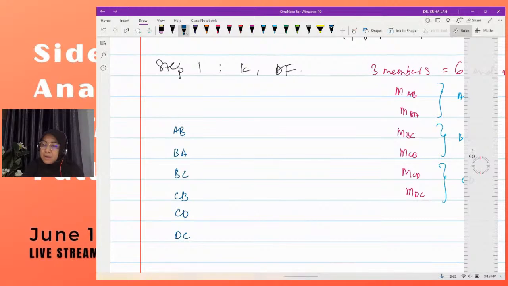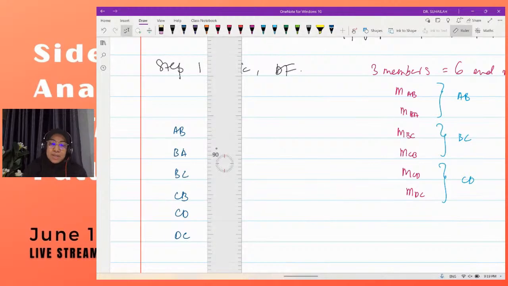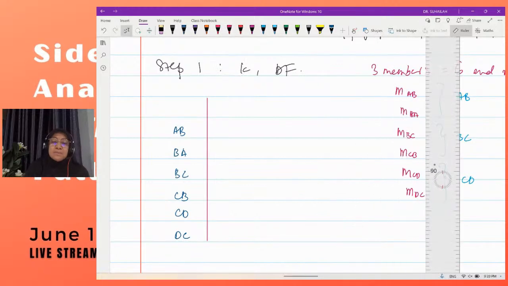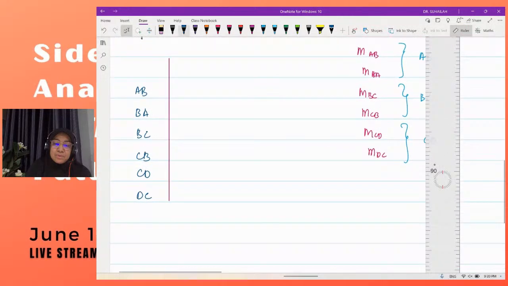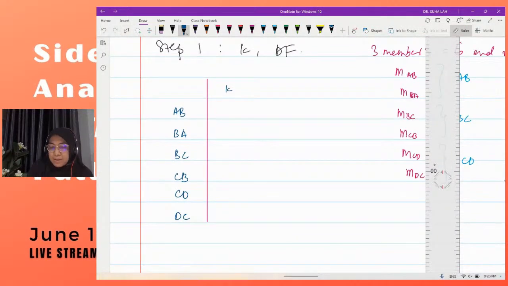We list all the end moments, 6 all together, and then we calculate the K value. I put EI here so that I can only put the value.